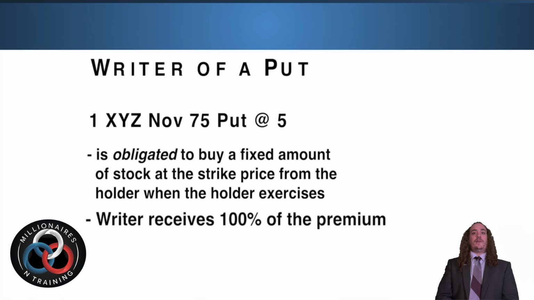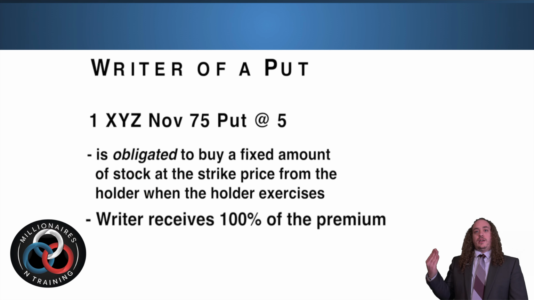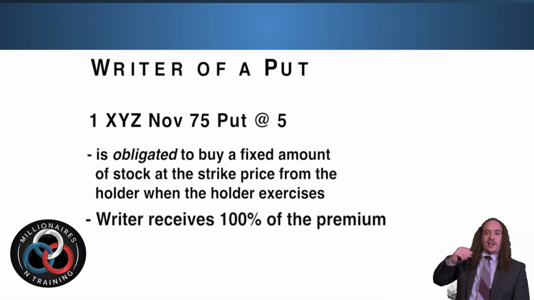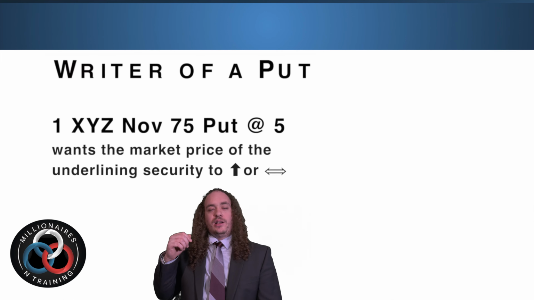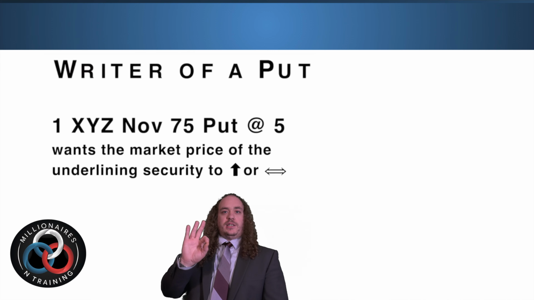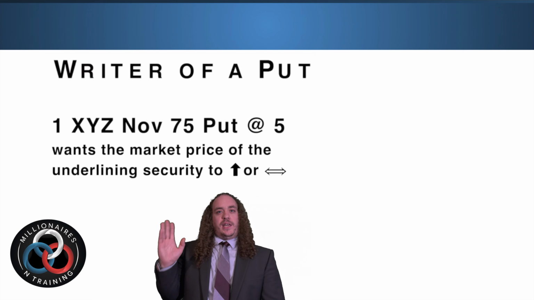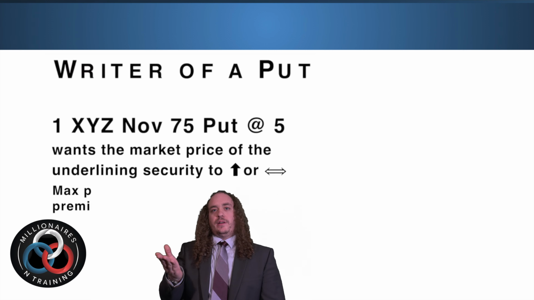What does the writer of a put want the market price to do? They want the underlying security to go up. If XYZ rises in price, the holder will not exercise, and the writer will get to keep the premium. So the maximum possible gain for the writer of a put is the premium.